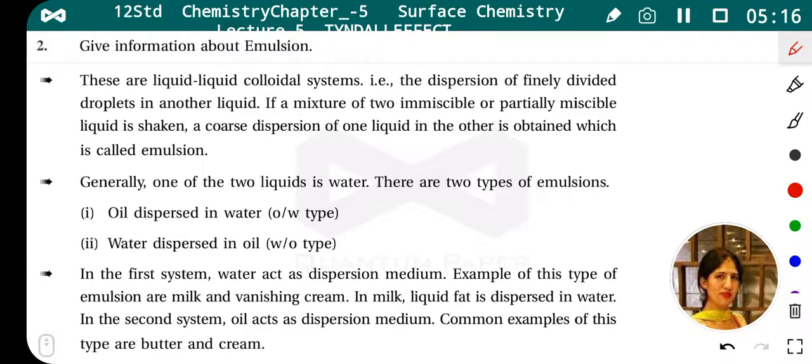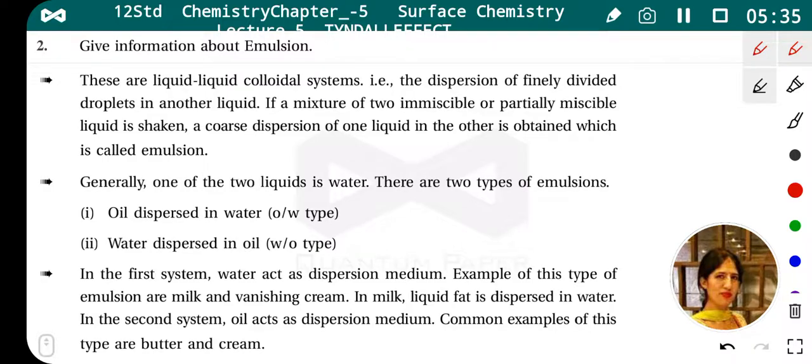Is it clear? As you know, in colloids there is a dispersed phase and a dispersion medium. But here we have a liquid-liquid colloidal system, meaning a dispersion of finely divided droplets in another liquid.